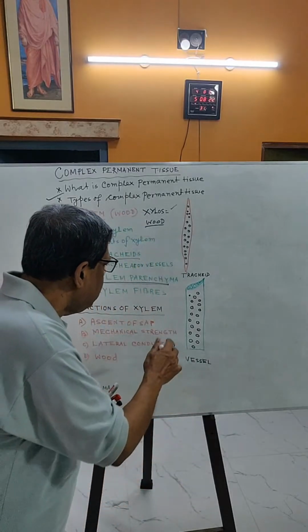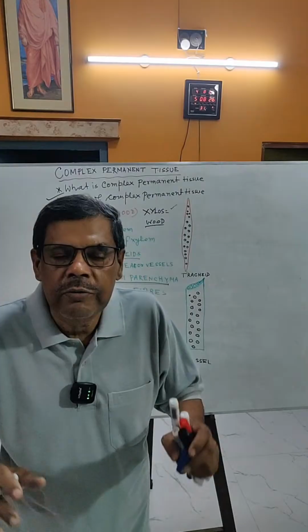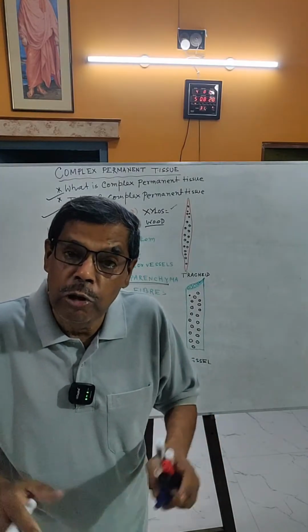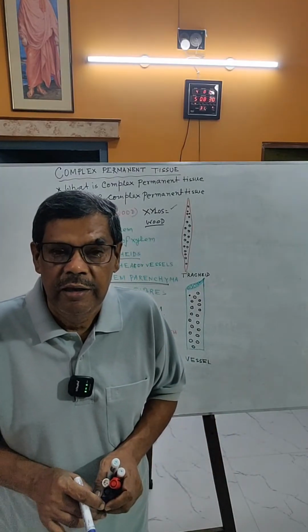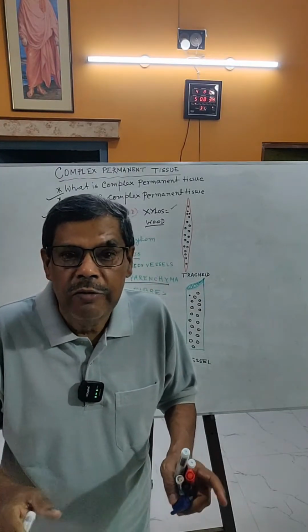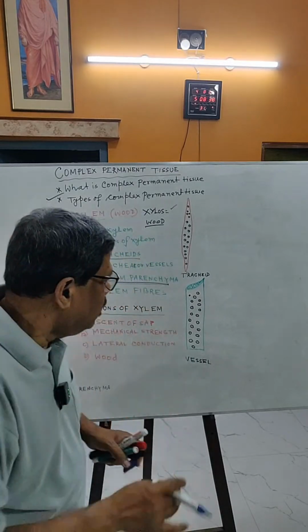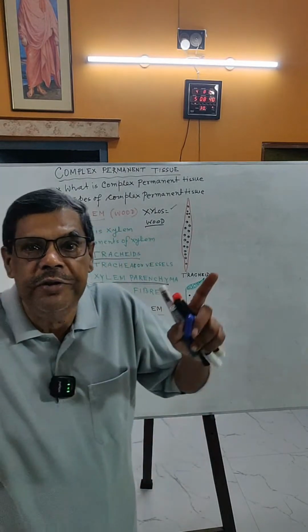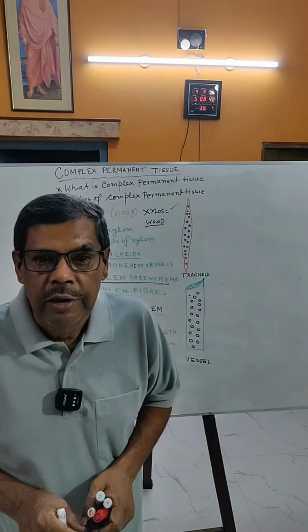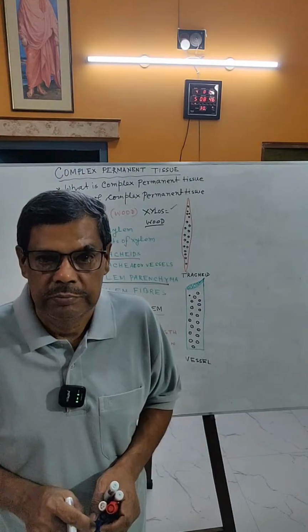There is no protoplasm, so these are dead cells. They are also lignified, and secondary walls are formed where ornamentation is found. But the lumen is very wide. This performs the main function of conduction in flowering plants.